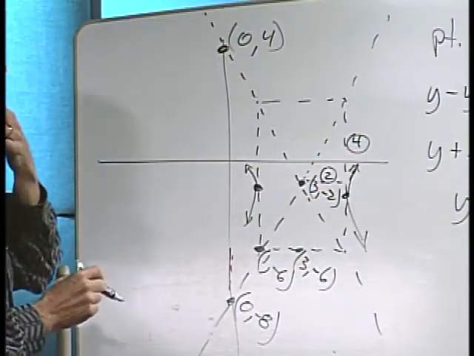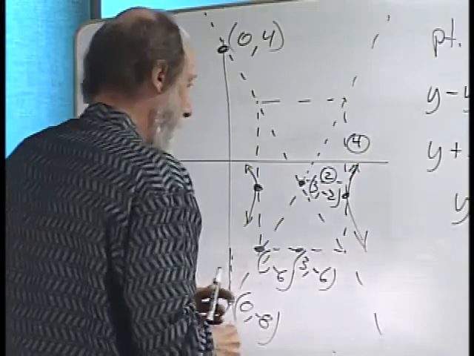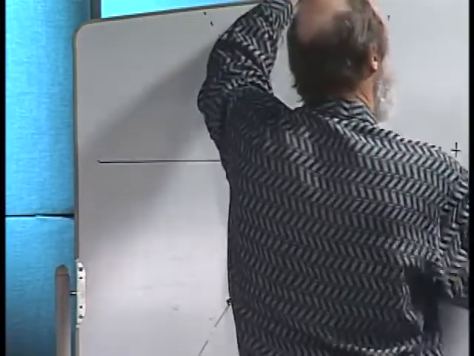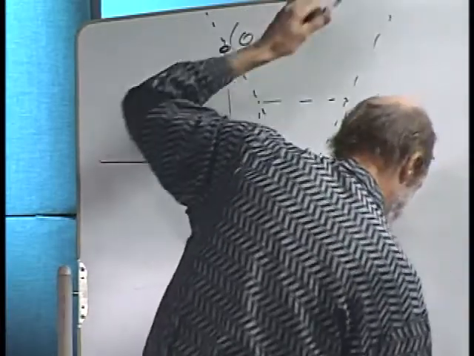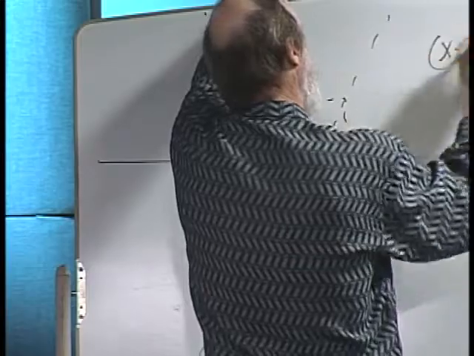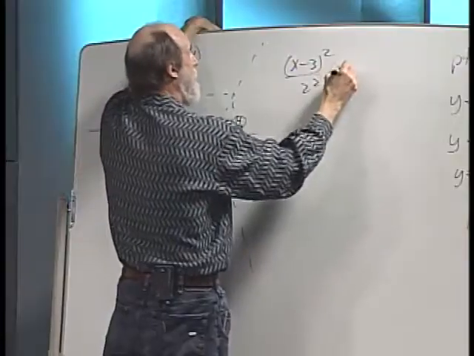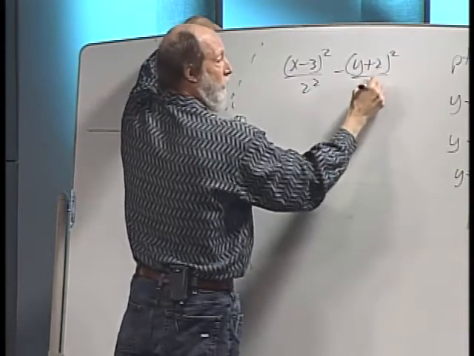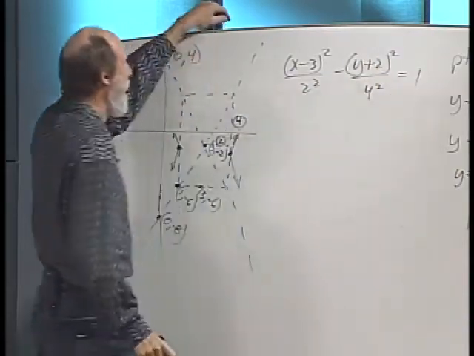So that's not too hard to do. Let me erase one of our asymptote equations so I have some room. Let's come back and look at our equation, which was (x minus 3) squared over 2 squared minus (y plus 2) squared over 4 squared equals 1.